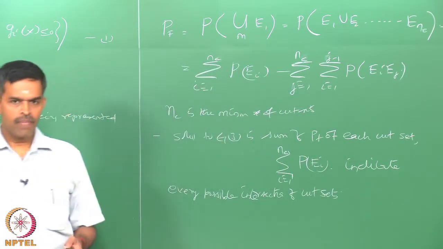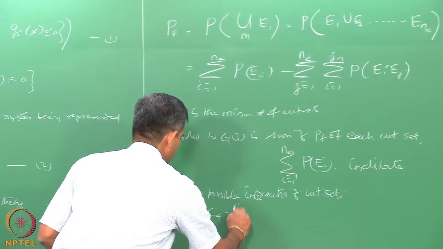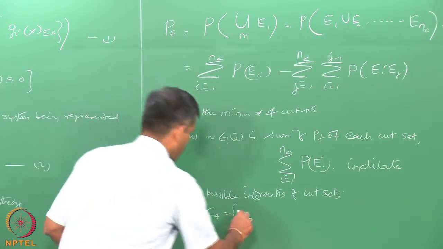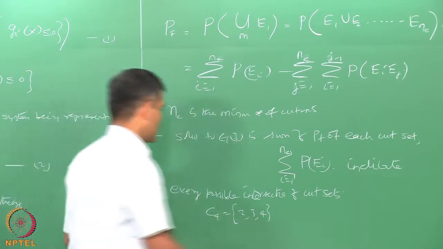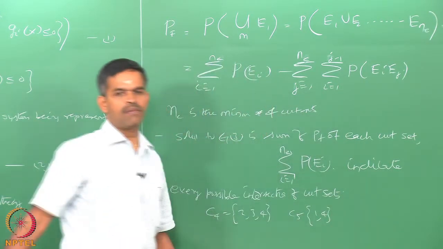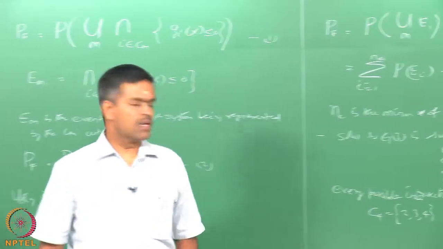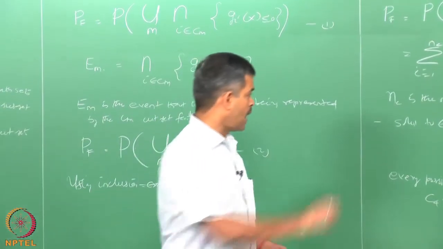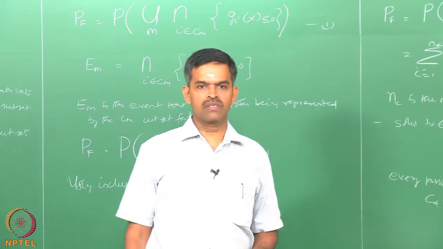So, we said that after identifying the minimum cut sets, C4, which is 2, 3, 4 for the classic quoted example, and C5, which is 1 and 4, being the minimum cut sets adapted for the given example, we can substitute the appropriate sign and then apply the summation series to find the probability of failure of the whole general system.